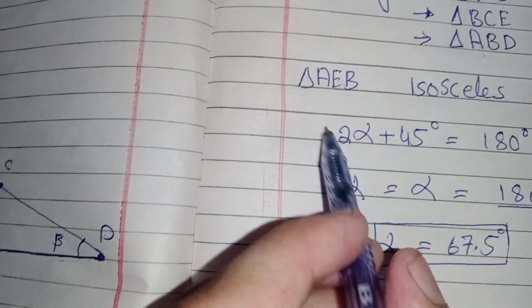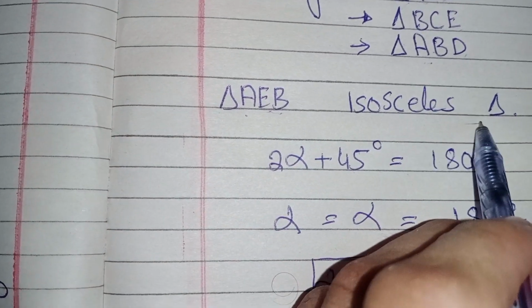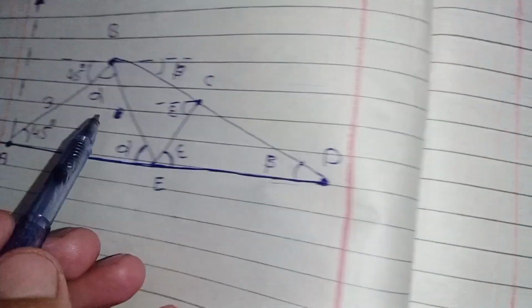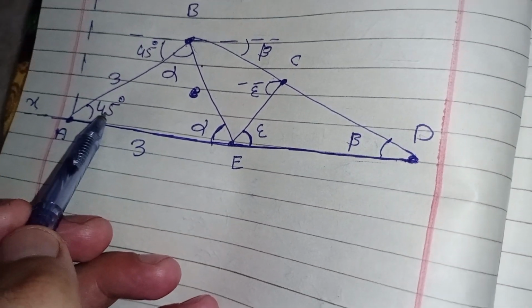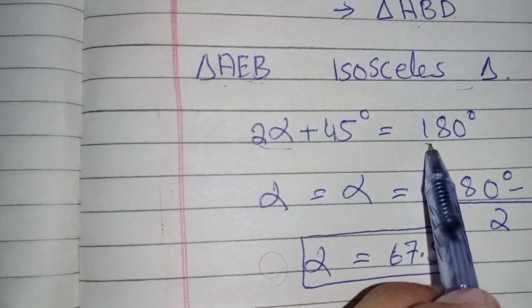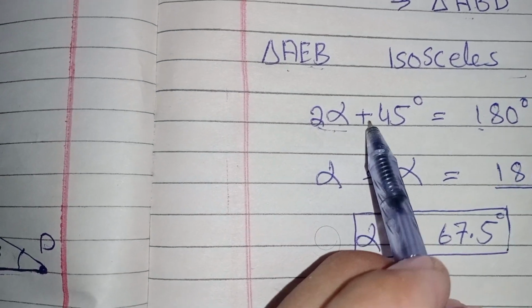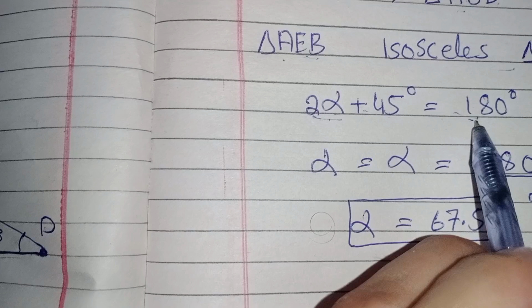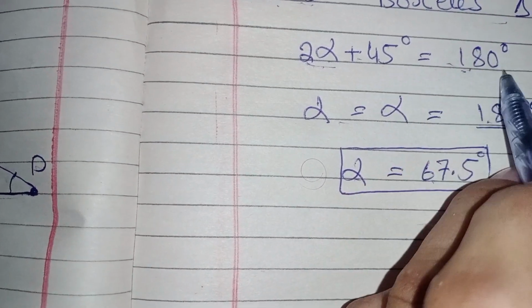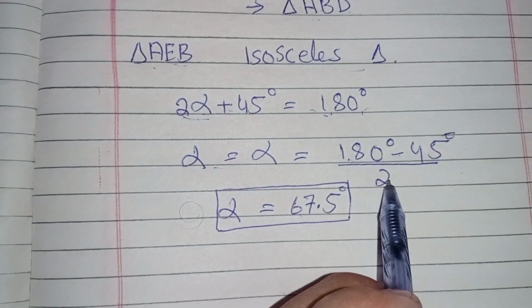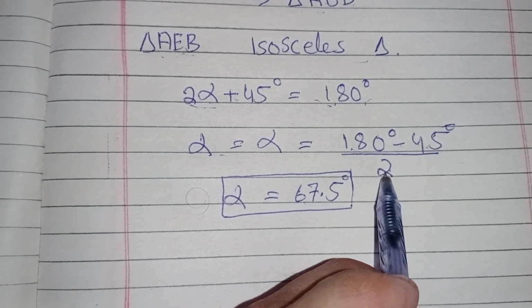First of all, AEB is an isosceles triangle. So alpha plus alpha plus 45 degrees equals 180 degrees, so 2 alpha plus 45 degrees equals 180 degrees. Moving 45 degrees to the right side, alpha equals (180 degrees minus 45 degrees) divided by 2.